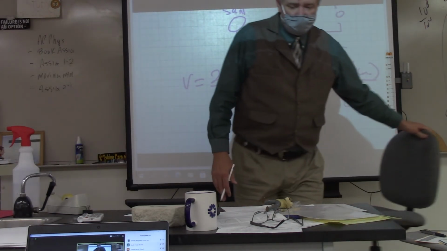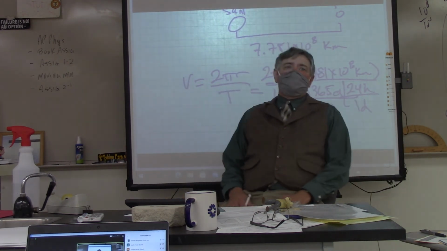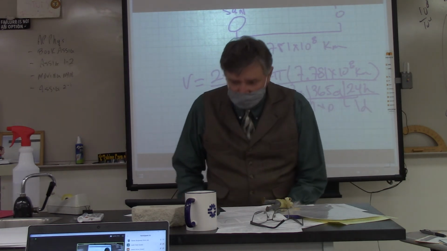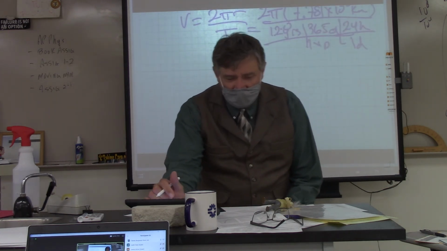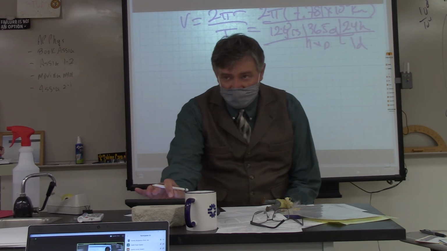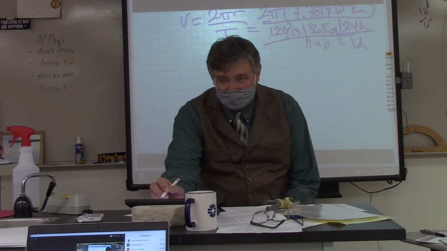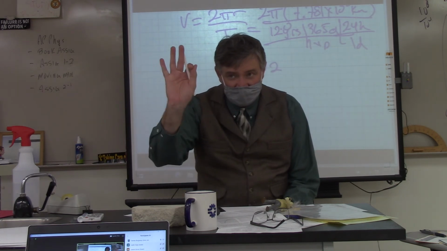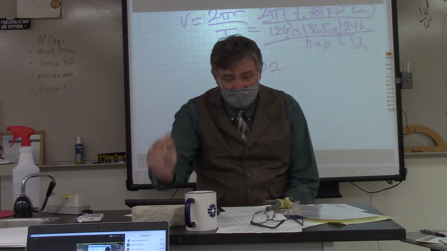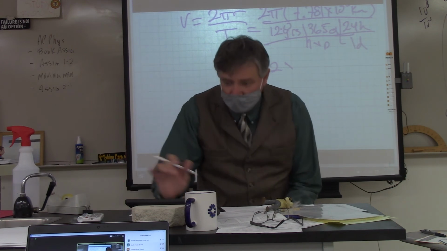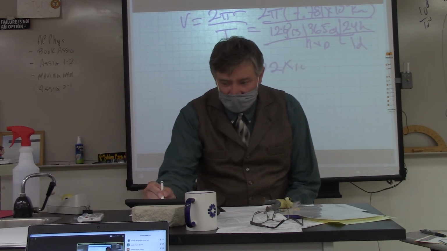So what'd you get? 802.29. So 3 significant digits in scientific notation would be what? 8.02 times 10 to the second kilometers per hour.